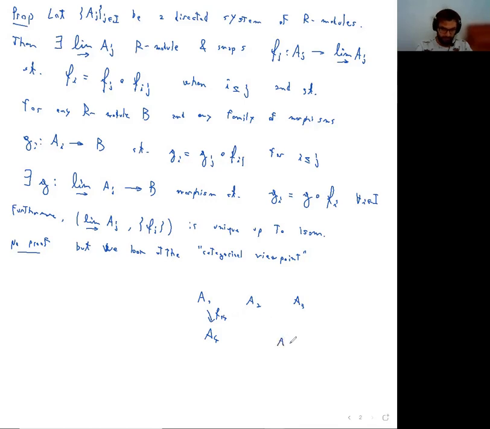And maybe here you have A5, and here you have F25, and here you have F35, and then maybe it goes to A6, and this goes here, but it also goes here. Maybe this set I is finite, maybe it's infinite. We usually want it infinite. And the way I want to think of this is just one object, the object diagram, let's say.